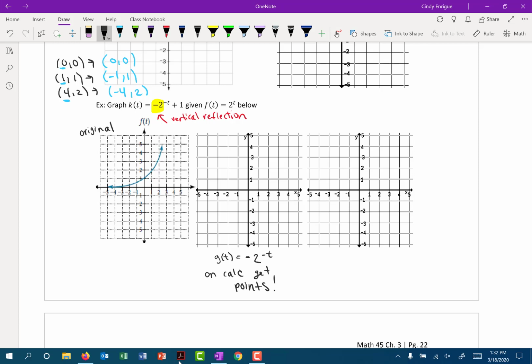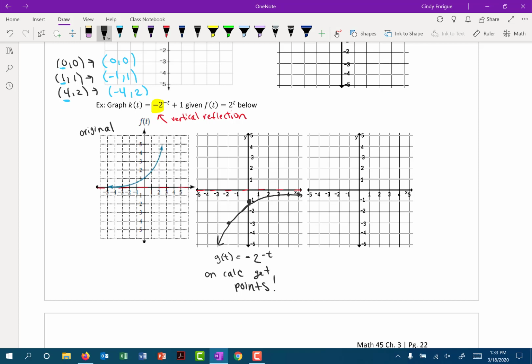Okay. That's going to be the easiest thing. And when you get your points, you're going to get a 0, negative 1. You're also going to get a -2, -3. And you're also going to have kind of like this asymptote, since this is an asymptote, okay? And your other point is going to come very, very close over here. So this is what your graph is looking like, okay?